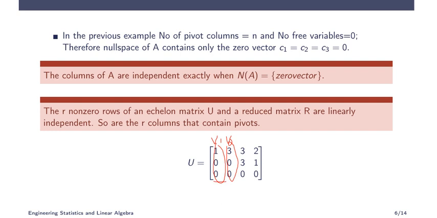The pivot columns are linearly independent, and the other columns are linearly dependent on the pivot columns. Here 210, you can see that it is a linear combination of these two. You can check that one. Pivot columns, so this is the second condition.